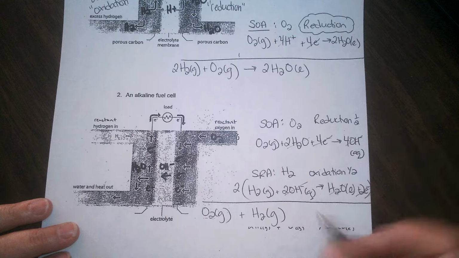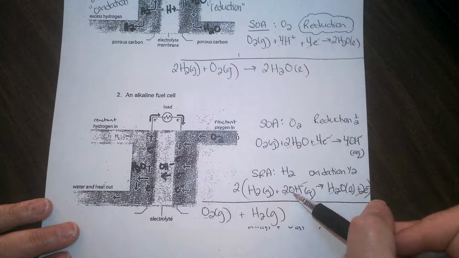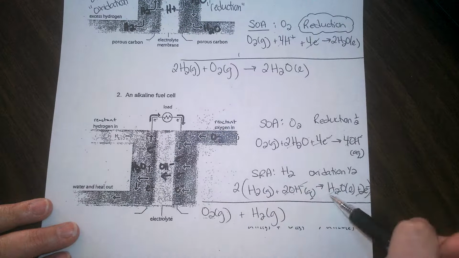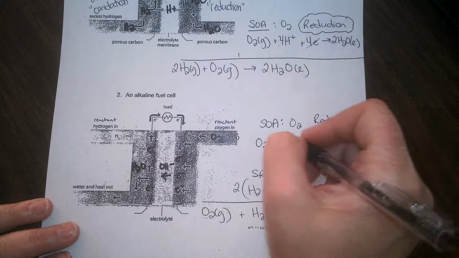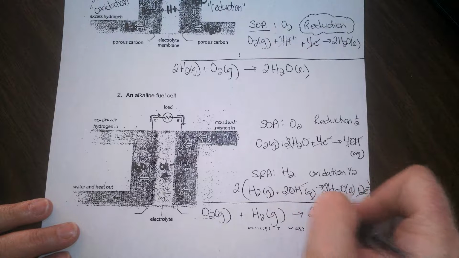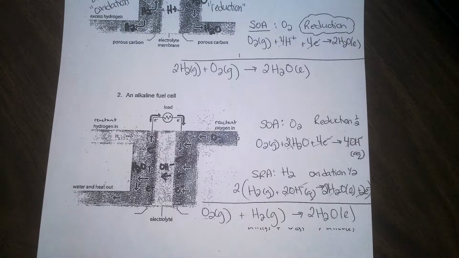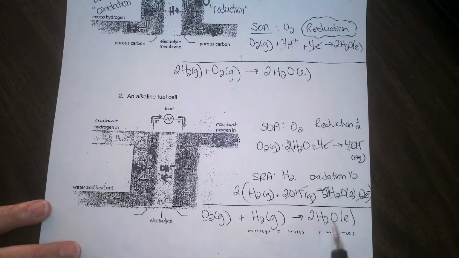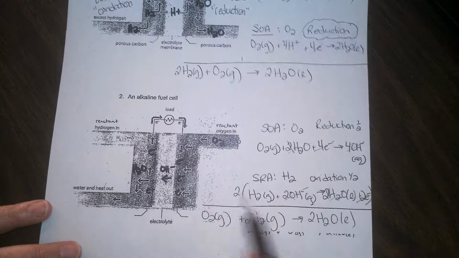Hang on. You should have two, 2 waters. That's where I made my mistake. This is going to cross out and leave me with 2. Okay. It doesn't balance? Yeah, it does. 2 oxygens, 2 oxygens, 2 hydrogen. Oh, I just need a 2 here because I forgot my 2 there.